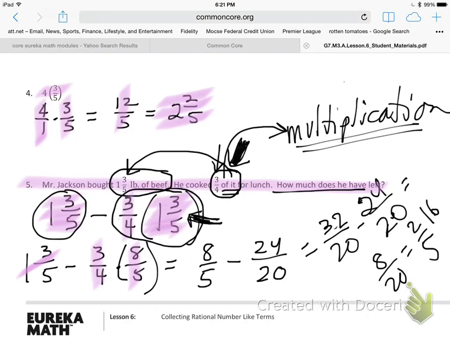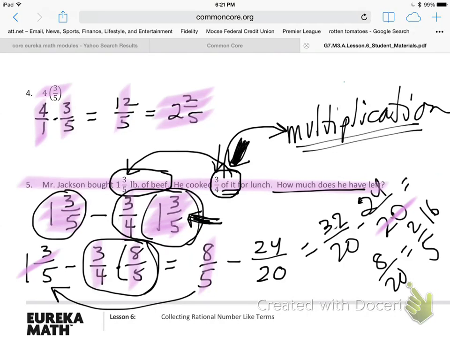Hold on a second. Sorry, I was just trying to figure out what I did here. Okay, yeah, this 8/5 here was confusing me. That 8/5 is this right here. So I have 8/5 take away 24/20 because I've done the multiplication of this. All right, and now I need to again convert into like fractions.